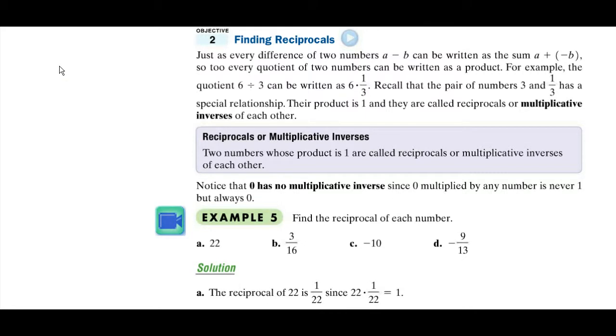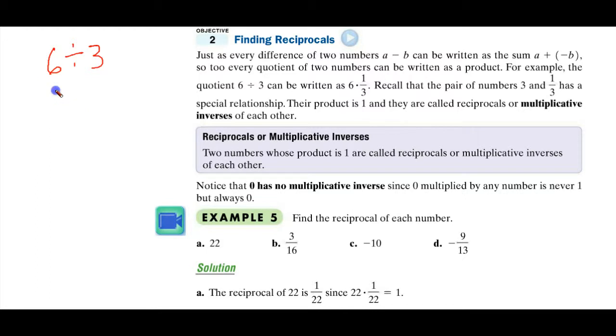Okay, we're going to again look at reciprocals. Just as every difference of two numbers can be written as a sum, so too every quotient of two numbers can be written as a product. So we can say 6 divided by 3.